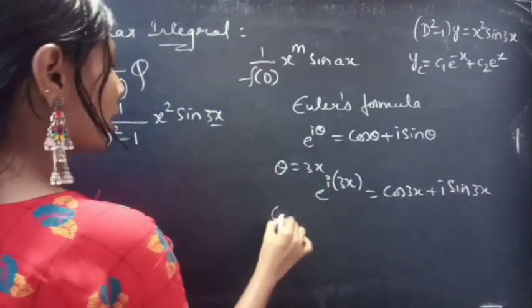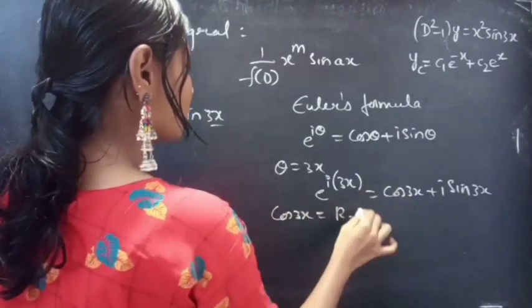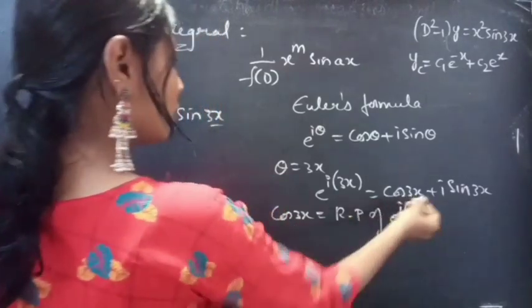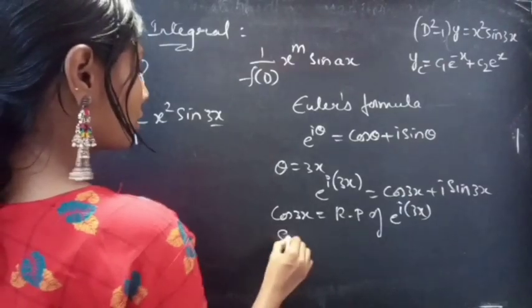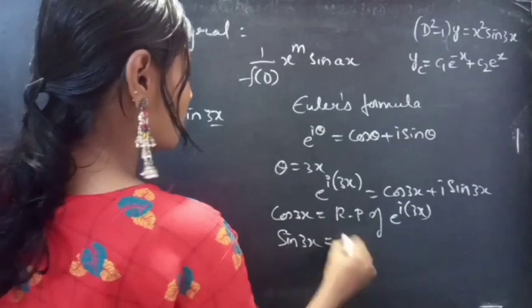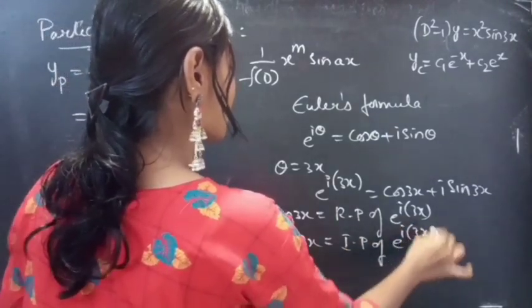Here cos 3x is the real part of e power i into 3x, right? Real part of e power i 3x. And sin 3x is the imaginary part of e power i into 3x, right?